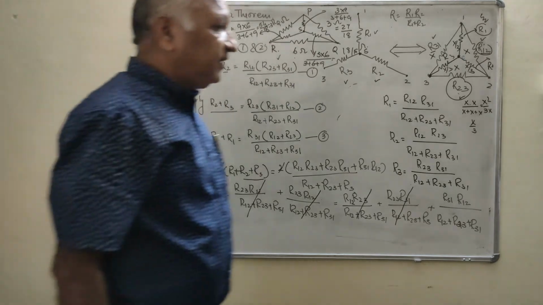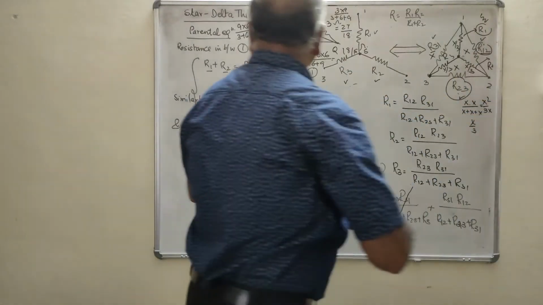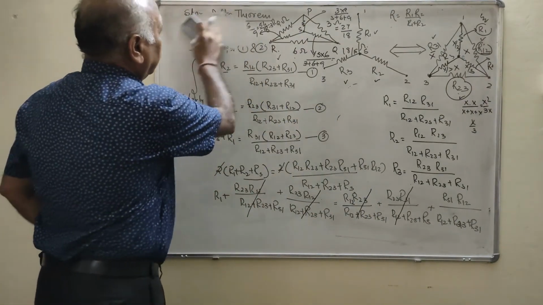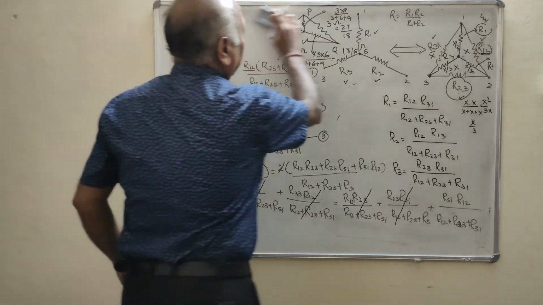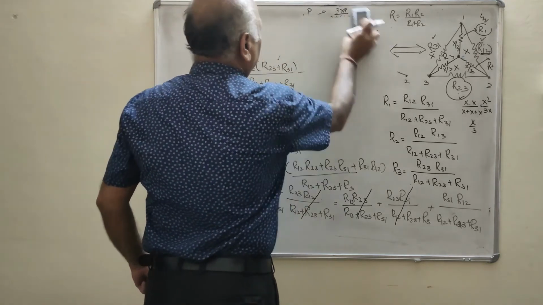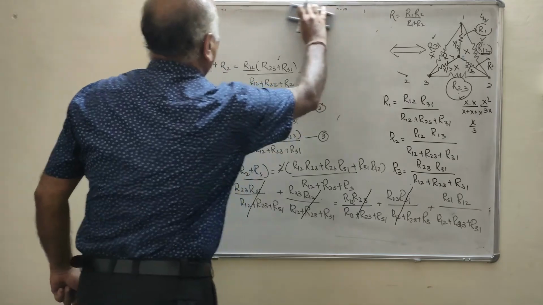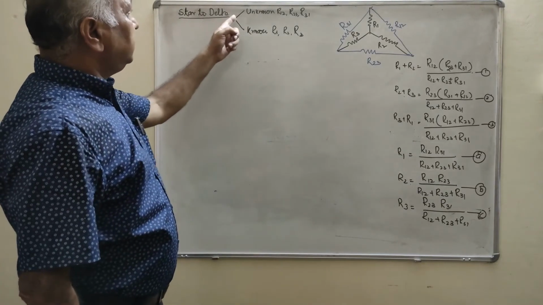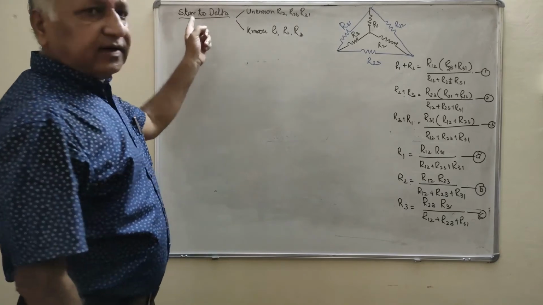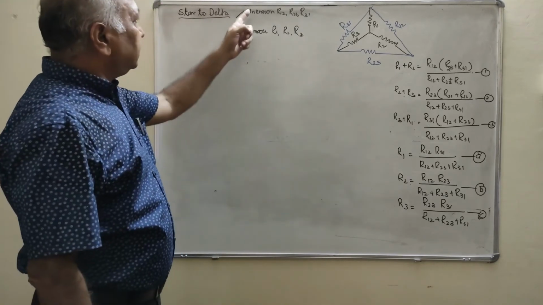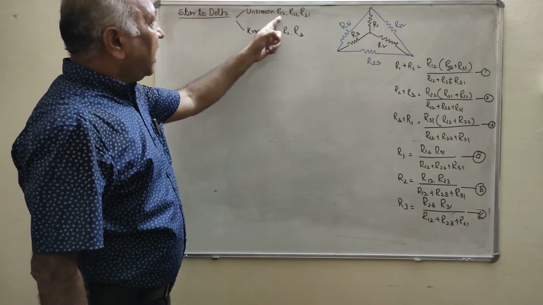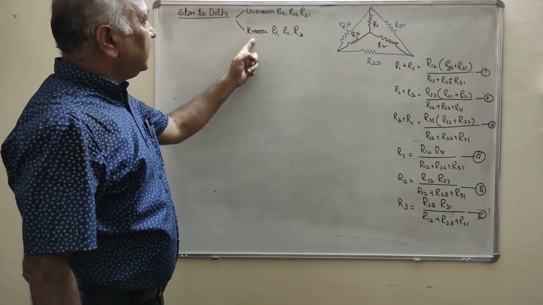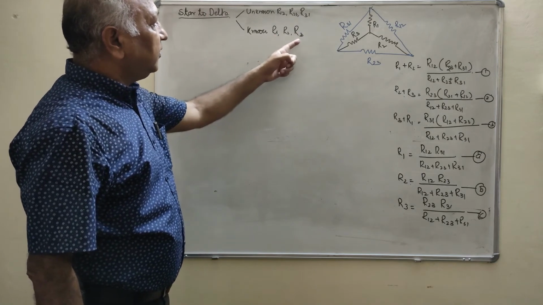Clear? Now we will convert star to delta. When we convert star into delta, the unknown values are R12, R23 and R31, and the known values are R1, R2, R3.